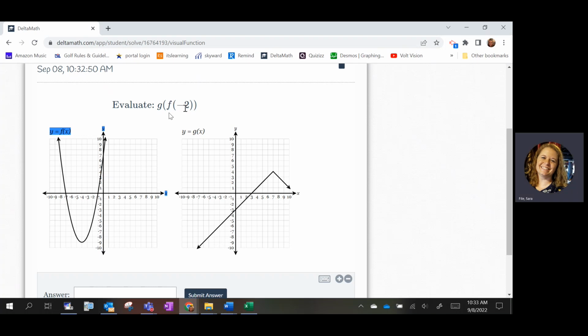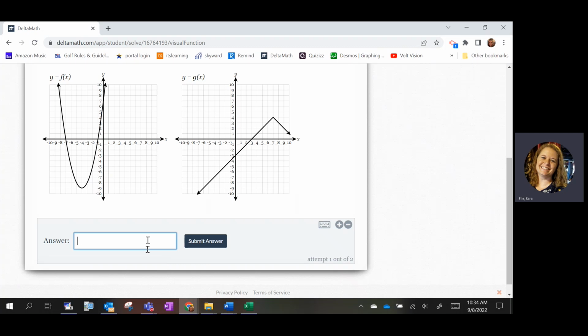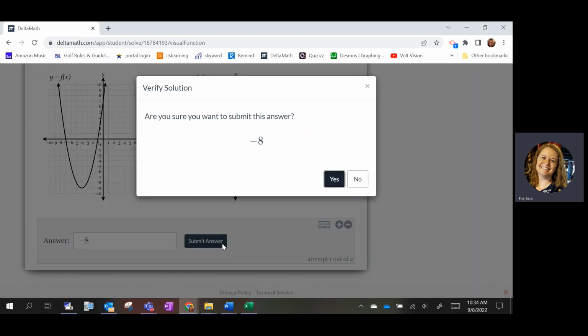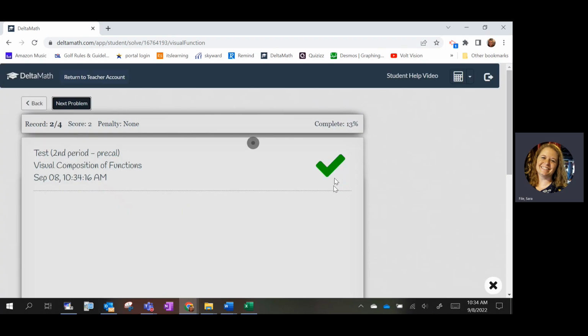Our f of -2 is -5. Then I work the outside. So g of -5. I go to the g graph and look for where the input is -5, and see what the y value is there. It's -8. So you're working inside out, just like we did algebraically, but this time graphically.